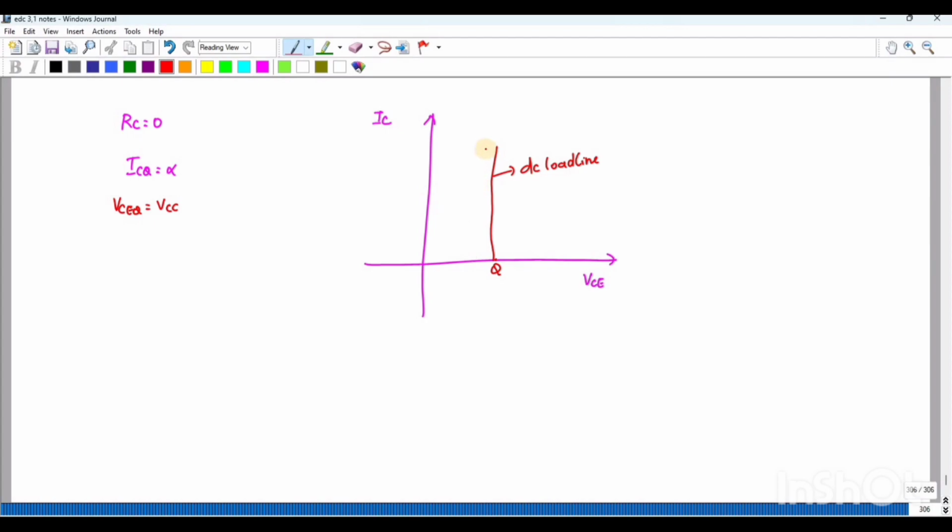In a similar way, since the Q point value is VCC, the AC load line goes towards this point, and this value is nothing but 2 VCC, and this is nothing but VCC divided by RL bar. So this is the AC load line.